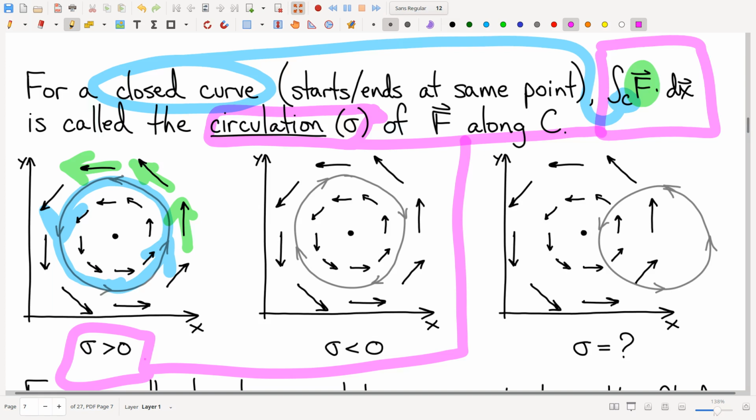Okay, so why do we call it circulation? I think there's a pretty reasonable answer here. Notice that this closed curve, in this case, is literally a circle. It doesn't have to be literally a circle, but any curve that closes has to wrap all the way around.